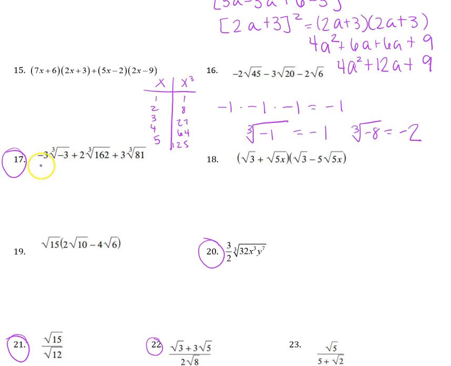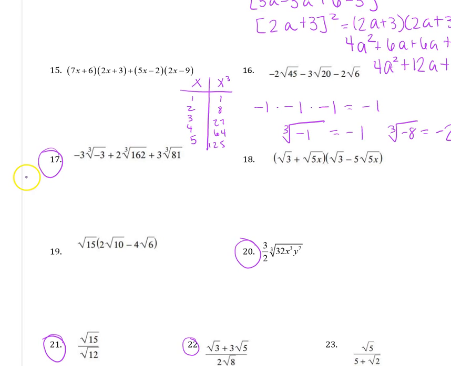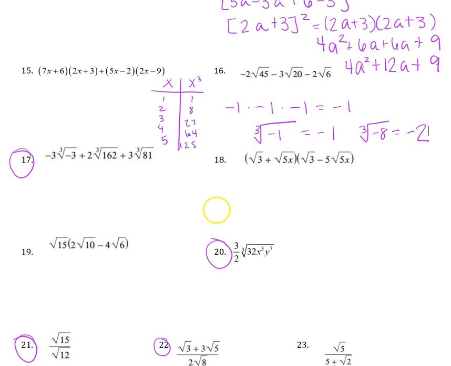You will notice in number 17, I have a -3 underneath the cube root. So I'm going to rewrite this. I've got -3, cube root of -1, and then I still have the 3 underneath the cube root sign, plus 2. And then I've got to figure out what factor of 162 is a cube root.